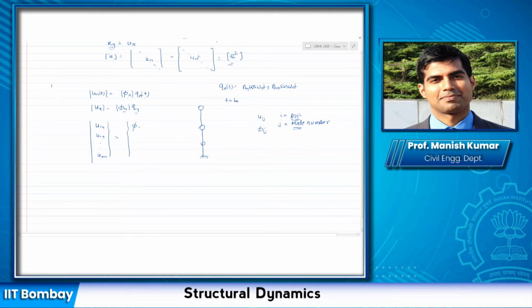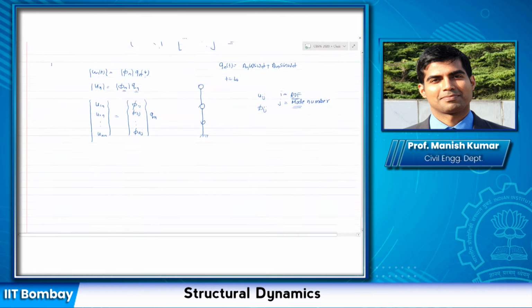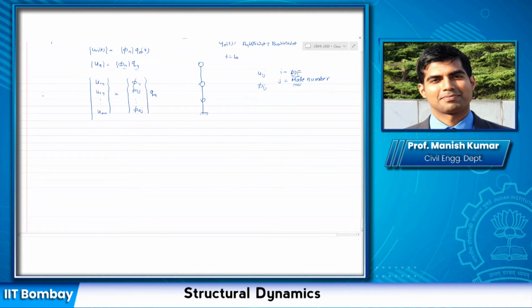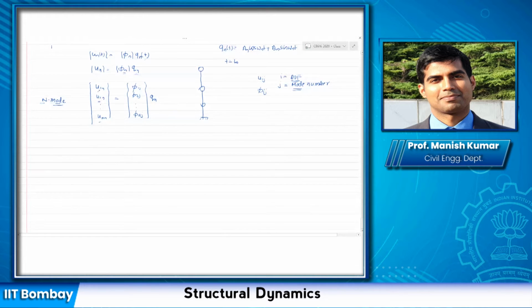You will have to look at and think about it again and again to understand. This is for the nth mode. These are not the total displacement at each degree of freedom. This is the contribution of the nth mode to each degree of freedom.